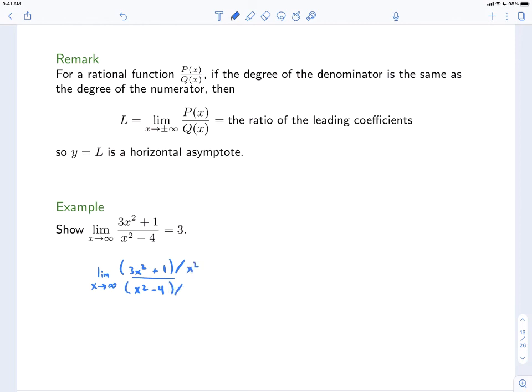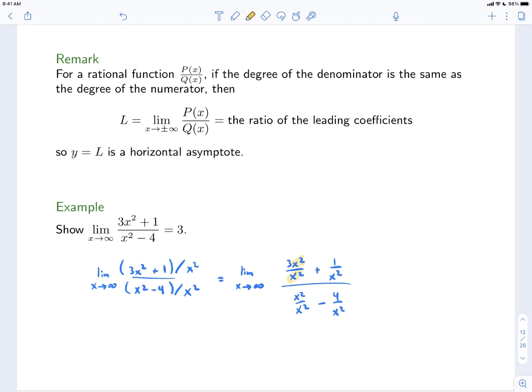Divide both the top and the bottom. So we'll end up with the limit as x goes to infinity of, in the numerator, 3x squared over x squared plus 1 over x squared. And then in the denominator, you'll have x squared over x squared minus 4 over x squared. And so you get some cancellation here.